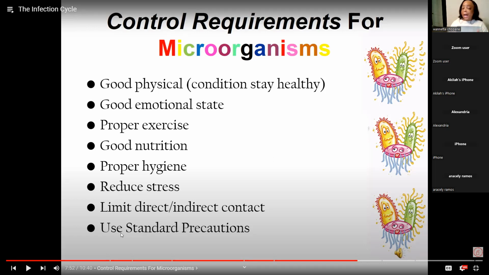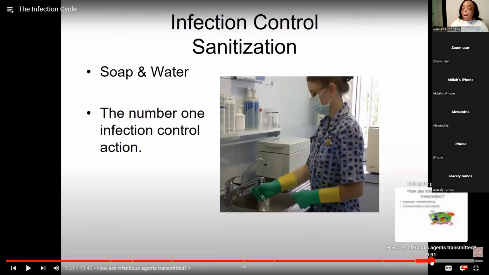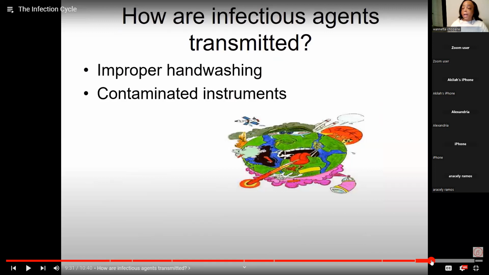If anyone is lacking this, and typically when we get sick, some of this starts to go. We have stress on our body, and good nutrition is probably not there because we may not feel like eating. A lot of times it's easy for someone to catch something because your immunity has dropped. That's how infections start and different things of nature.